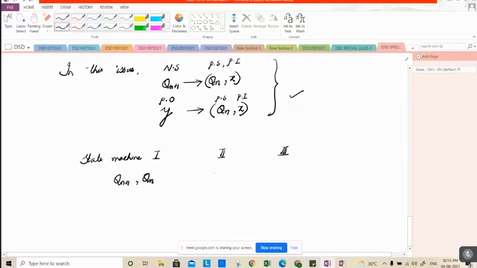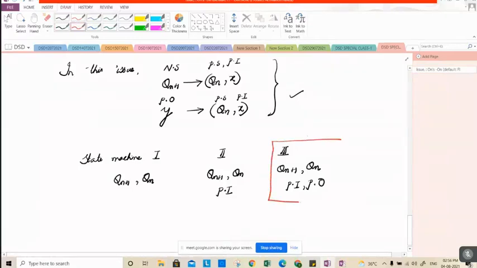In the second kind, we have Qn plus 1, Qn, and the present input also. In the third kind, we have Qn plus 1, Qn, present input, and present output also. And these are the state machines which are used in practical purposes.